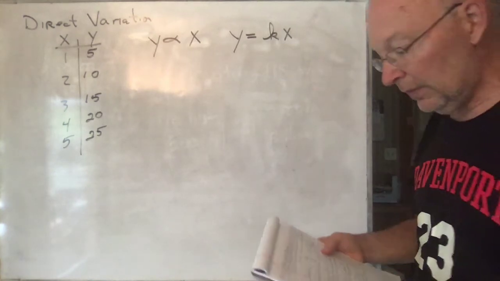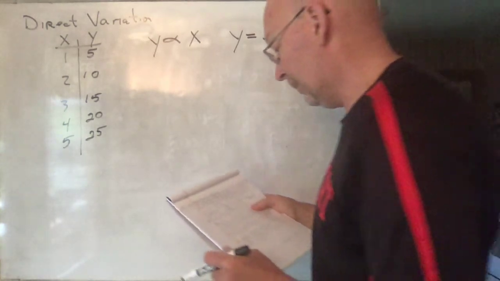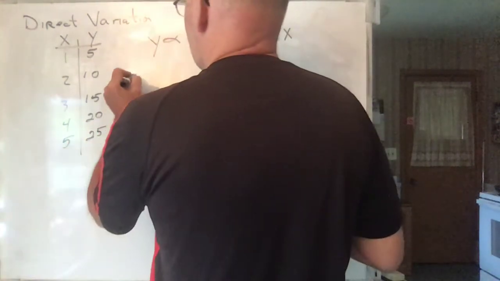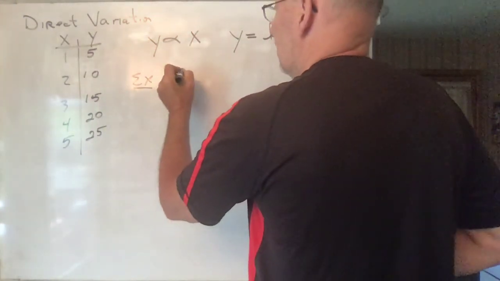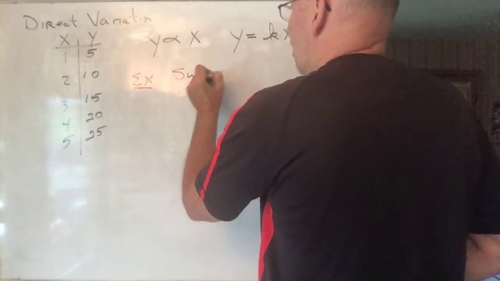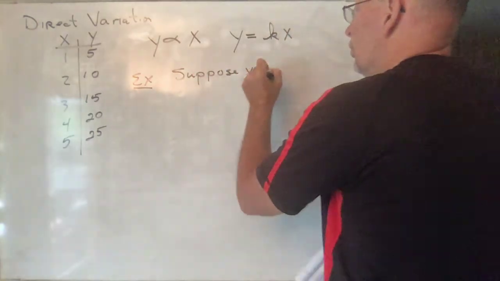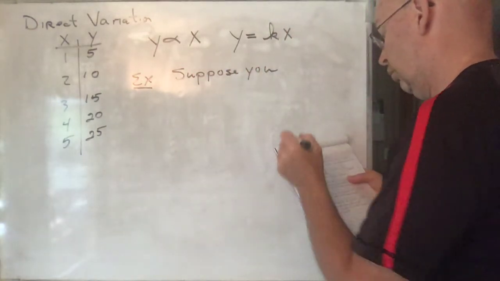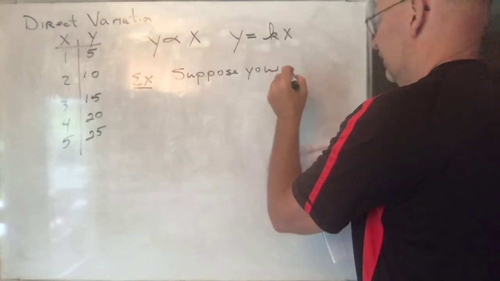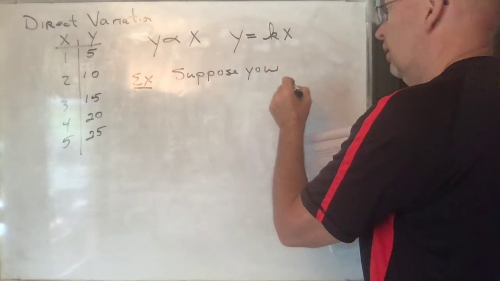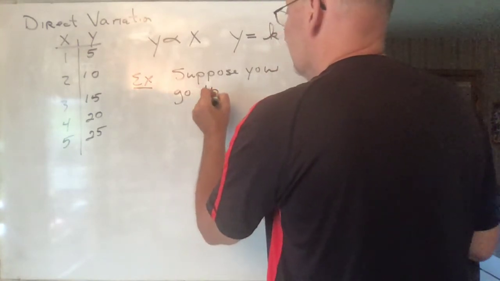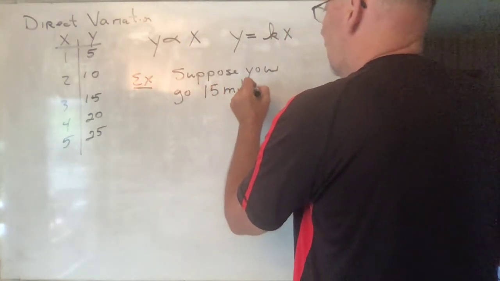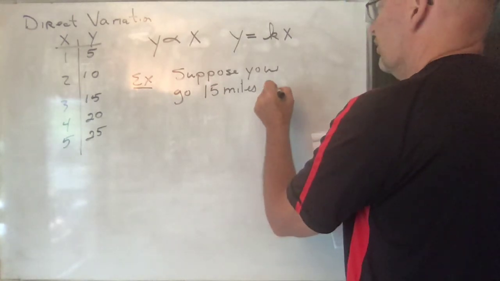Okay, so as an example, suppose you go, maybe you're hiking on a rather fast hike, and you go 15 miles in 3 hours.